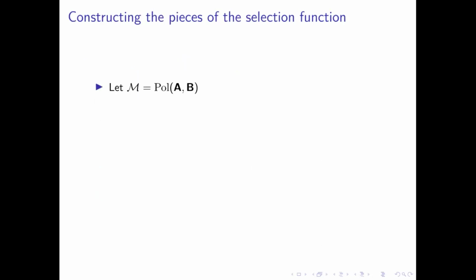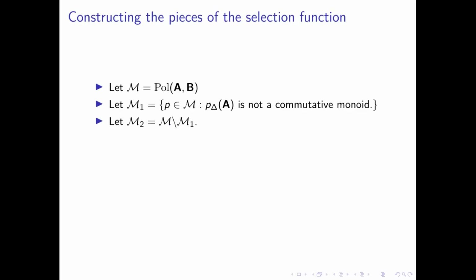Okay. So we'll call M pol AB. And then we want to split up M into disjoint sets. So one of these sets will be the P's such that this P delta of A, this image, is not a commutative monoid. The other will just be its complement.